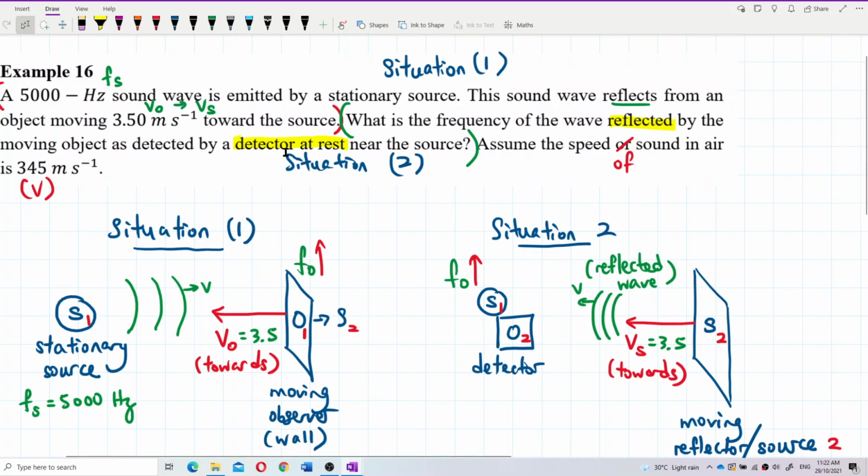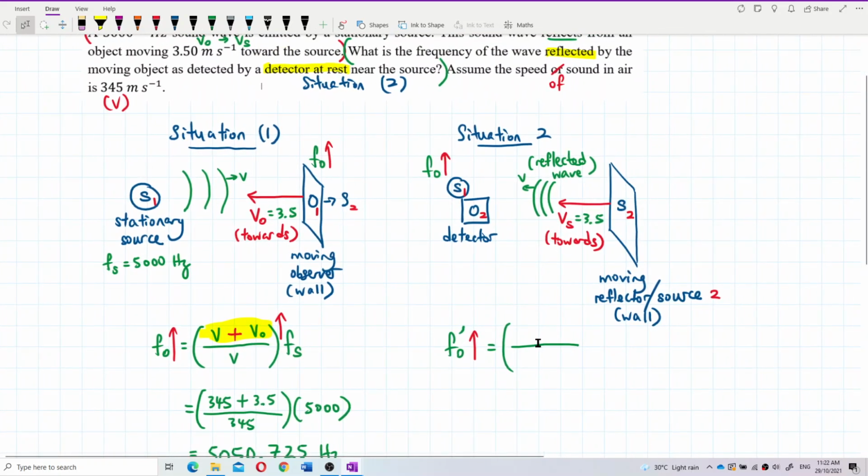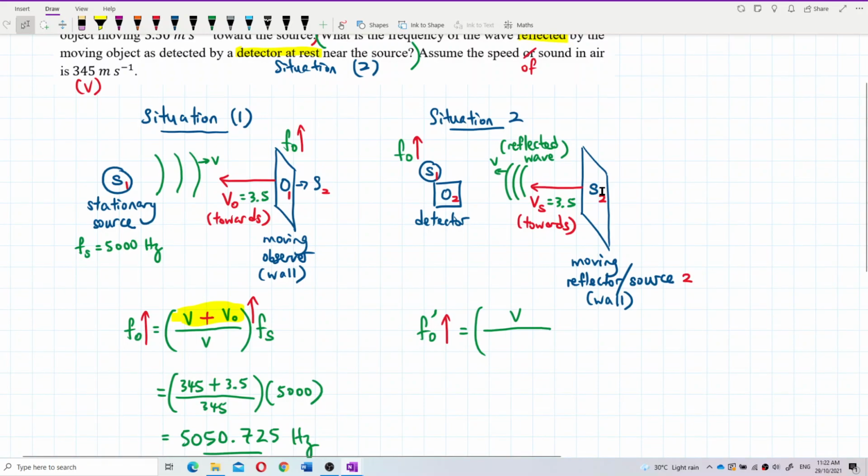So observer 2 is not moving, VO is 0. So at the top we only have V because the detector is not moving. But the source, the reflector, source 2, is moving. So we have VS at the bottom.